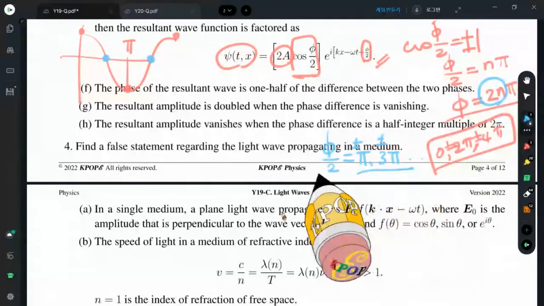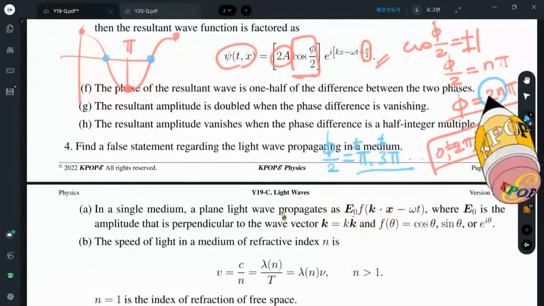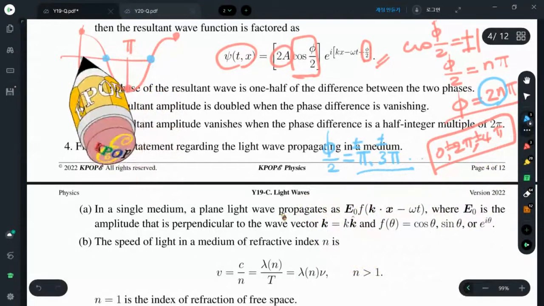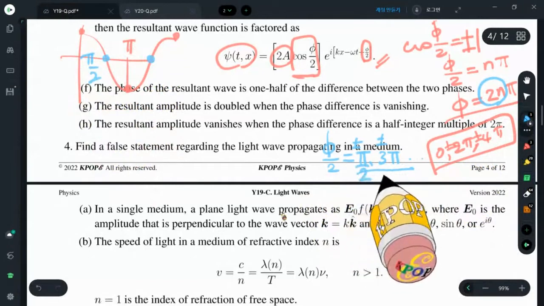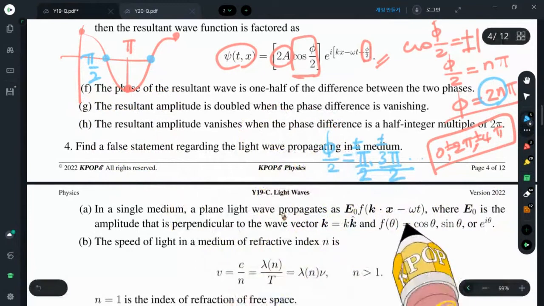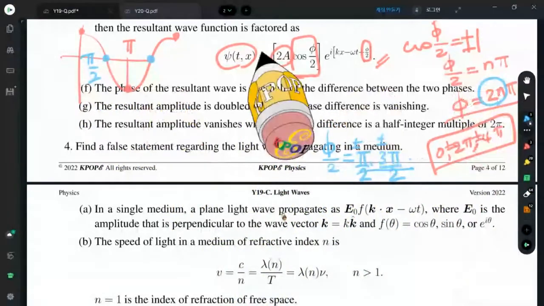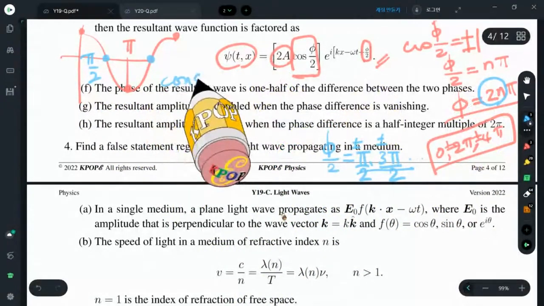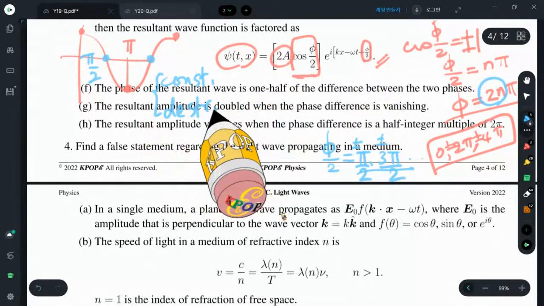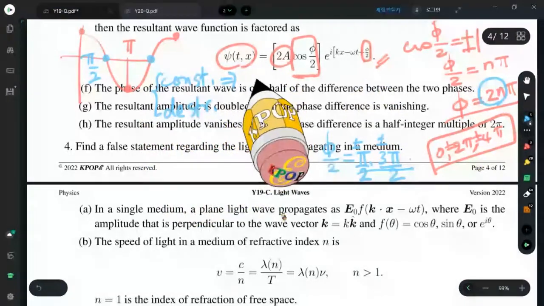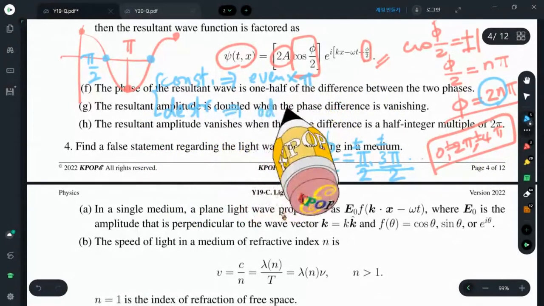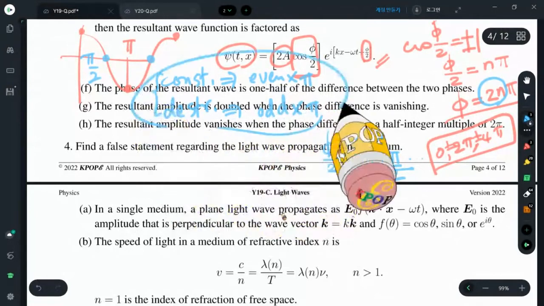Wait a second. This is pi, this is half of pi. So constructive, destructive, constructive: even times pi, odd times pi. Okay?